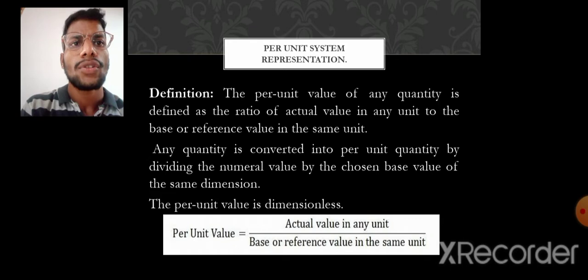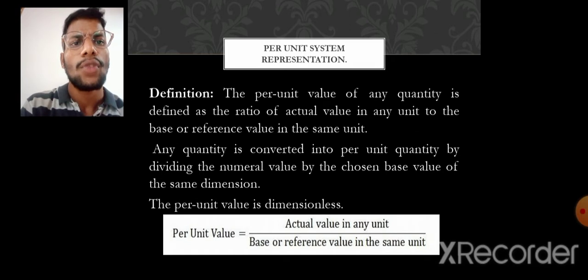And the definition of per unit: the per unit value of any quantity is defined as the ratio of the actual value in any unit to the base value or reference value in the same unit. Any quantity is converted into a per unit quantity by dividing the numerical value by a chosen base value of the same dimension.